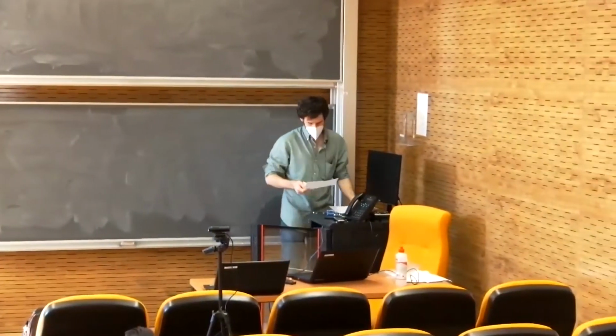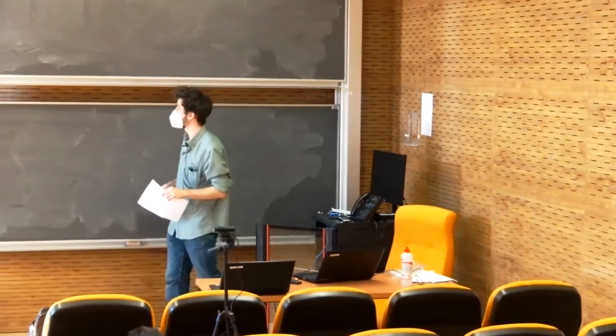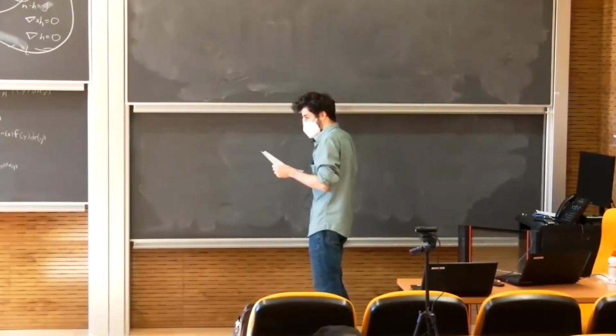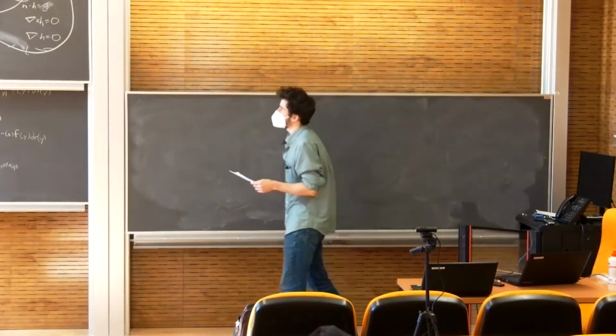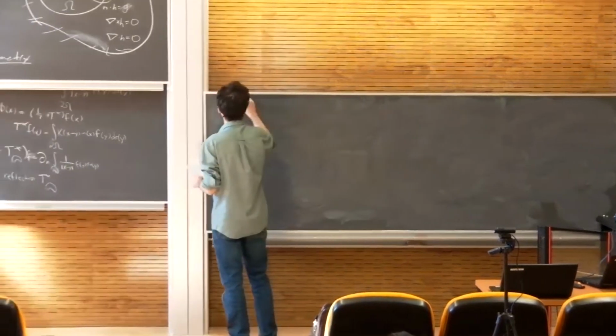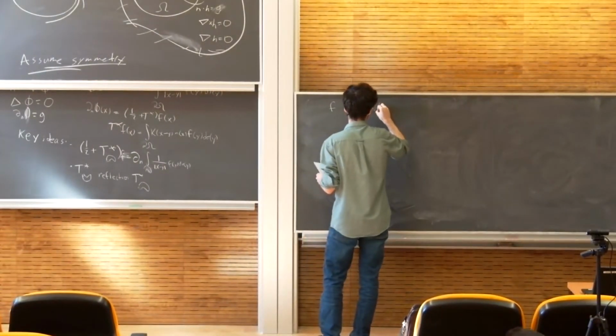So I think I'm just going to give some heuristics for this because the actual calculations are a little bit messy. Okay, also I'm going to only consider F supported near the splash point.